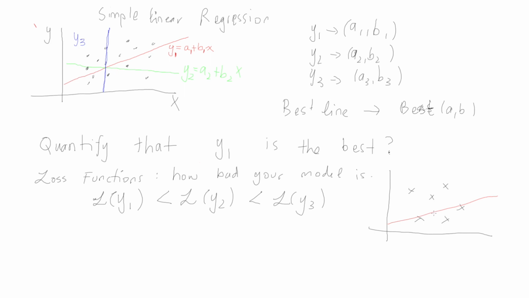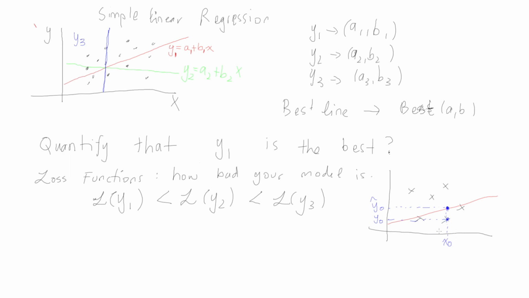Well, for this point here, whose real value is y0, at x0, the line is going to predict this number here. We'll call this y hat 0.